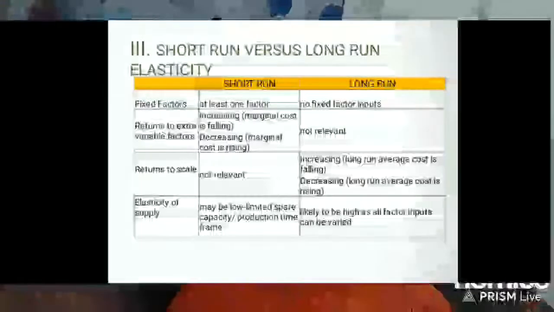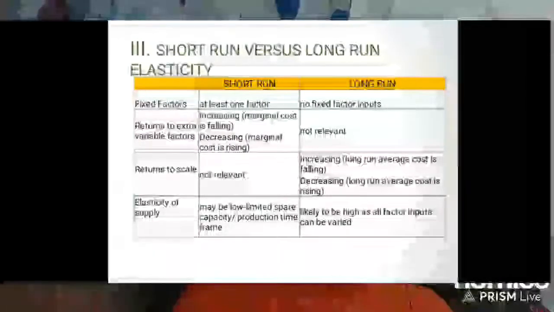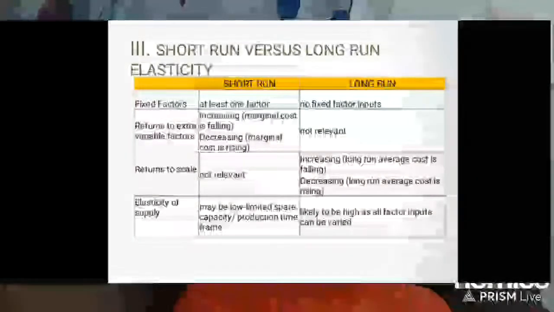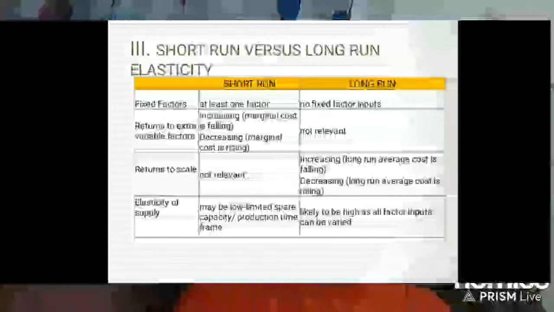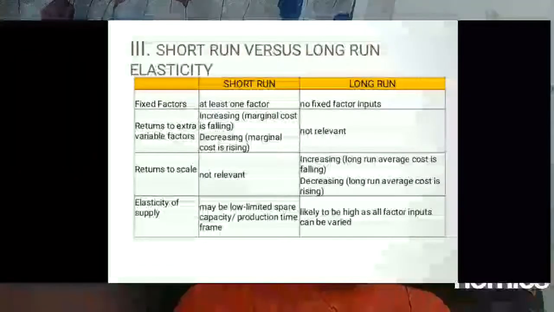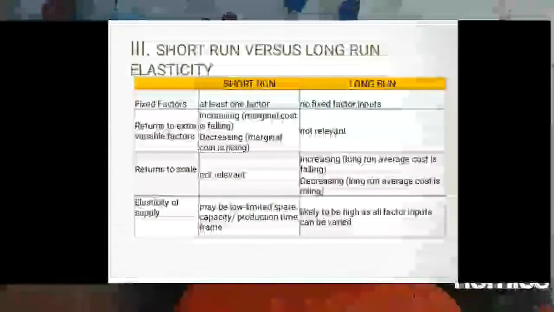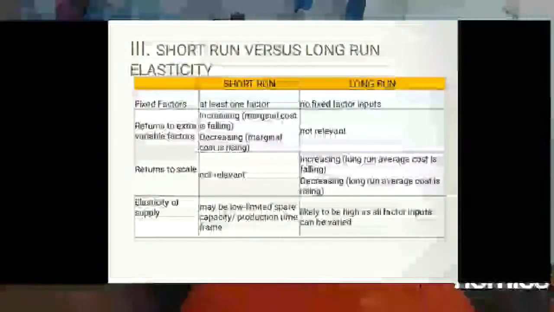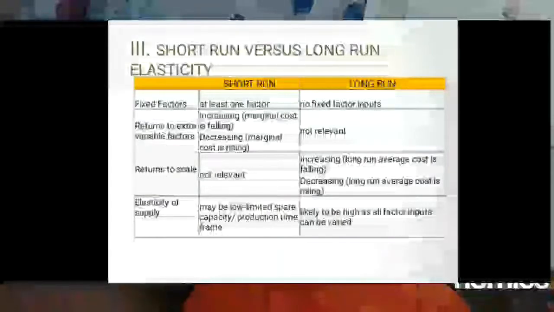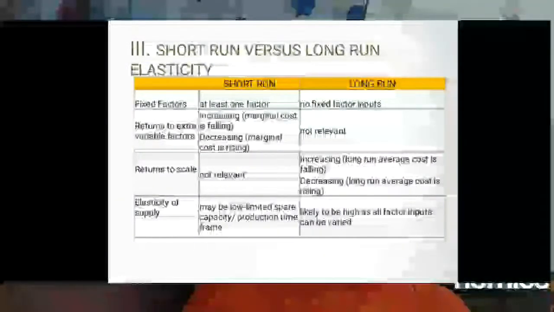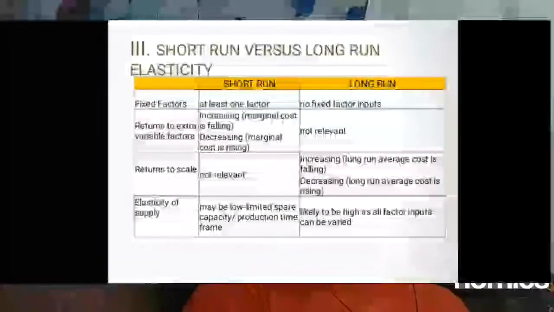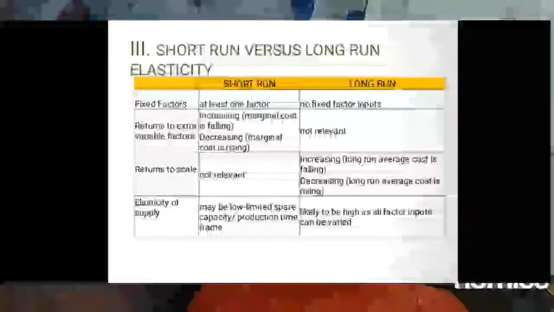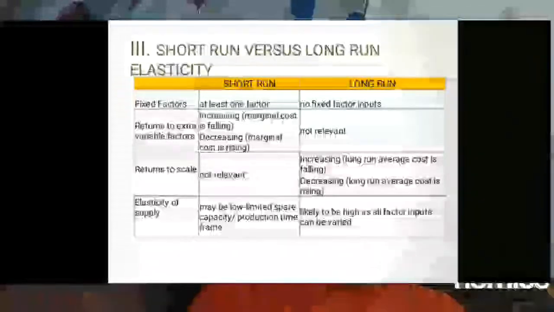So we have categories here. We have fixed factors, returns to extra variable factor, return to scale, and the elasticity of supply. No? So we have short run and long run, right? So under short run, fixed factors, we have at least one factor. No? But in the long run, under fixed factor, we have no fixed factor input.